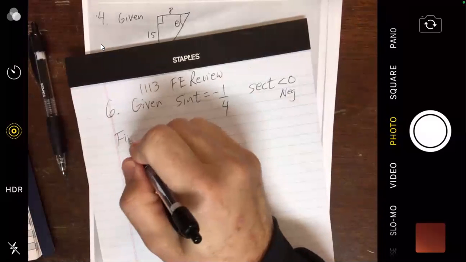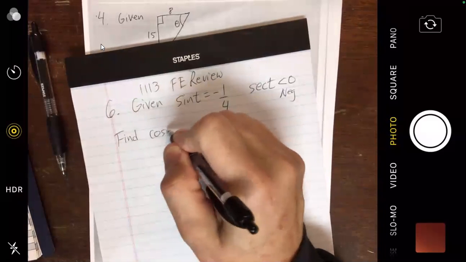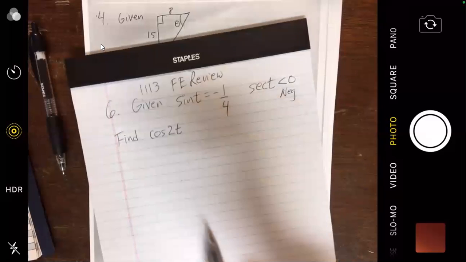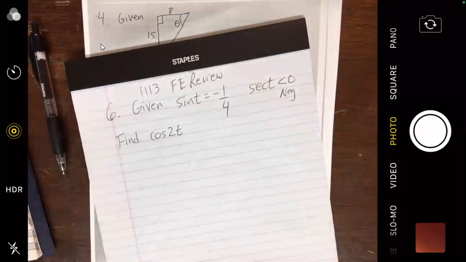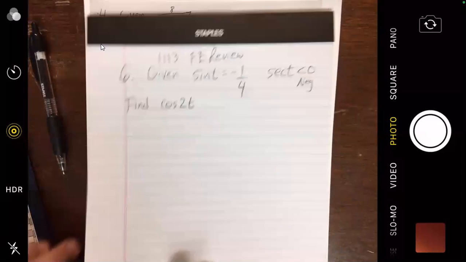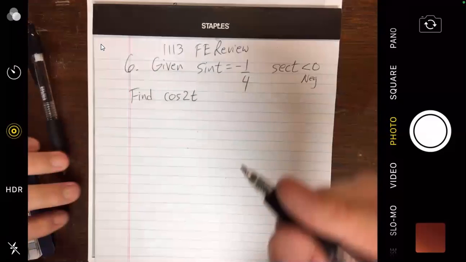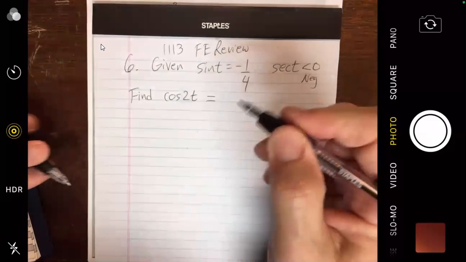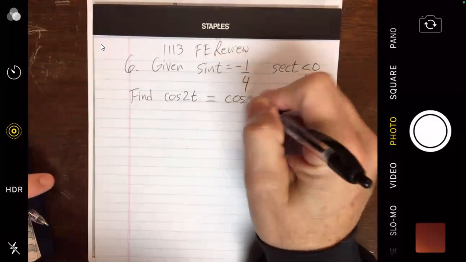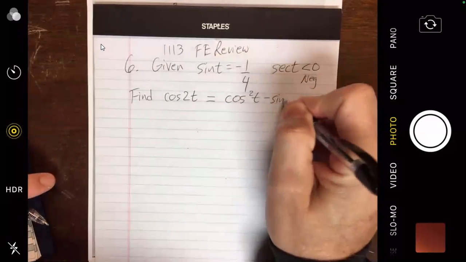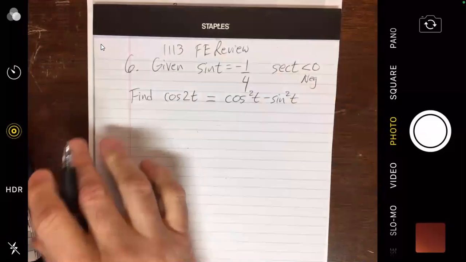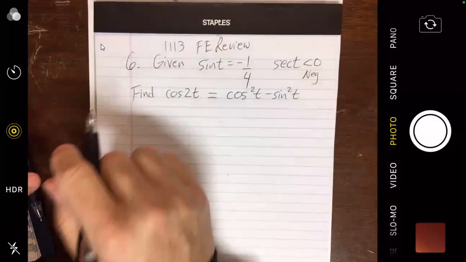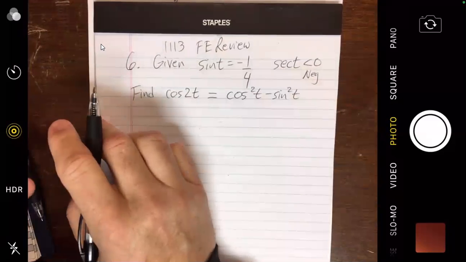Find cosine of 2t. Just to remind you, do you remember your formula for cosine of 2t? There were actually 3 of them. I guess we'll use the first one, cosine squared of t minus sine squared of t. You remember that? Yes, sir.